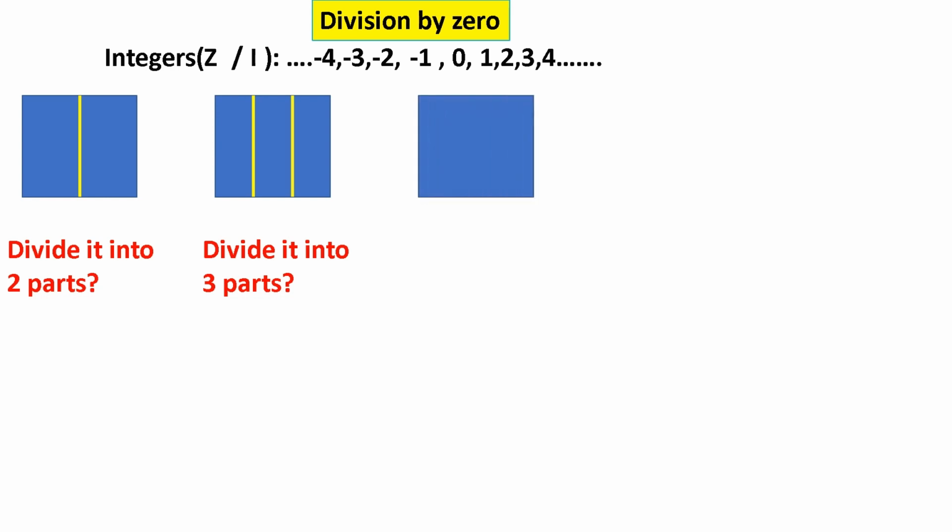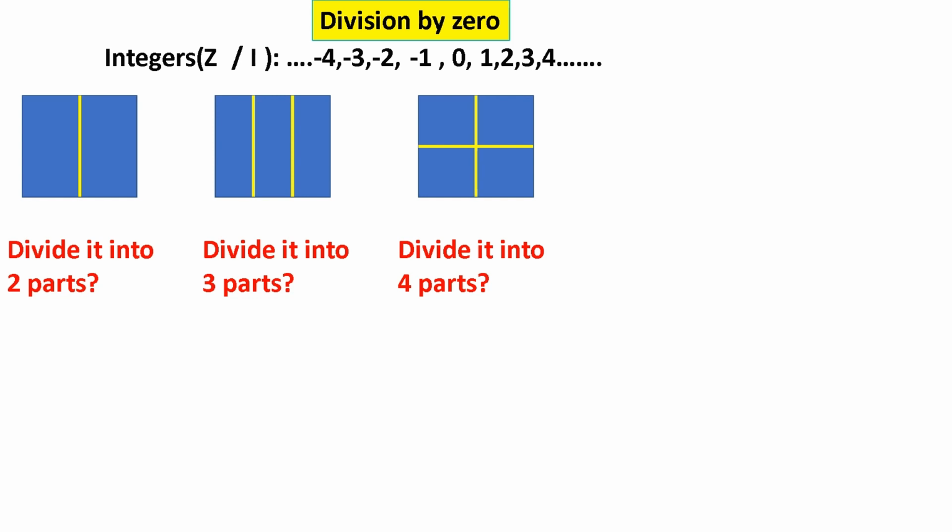And another example, just a square. Divide it into four equal parts. Can you divide? Yes, but I will do it like this only. You can also do it another way, but here I will do it like this. Divide into four equal parts.